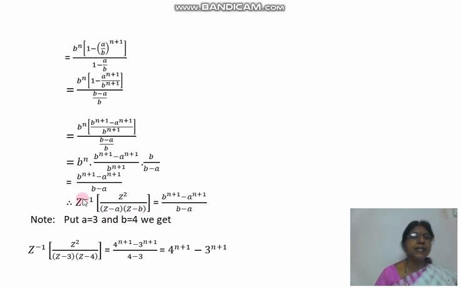The question is find z inverse of z square by z minus 3 into z minus 4. You substitute a is equal to 3 and b is equal to 4 in the previous problem. You get the answer. This one is equal to 4 power n plus 1 minus 3 power n plus 1 by 4 minus 3, which is 4 power n plus 1 minus 3 power n plus 1.